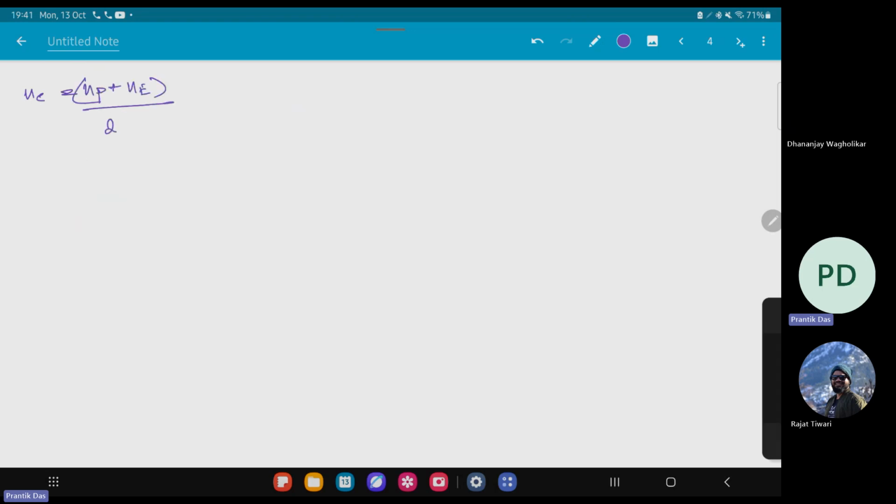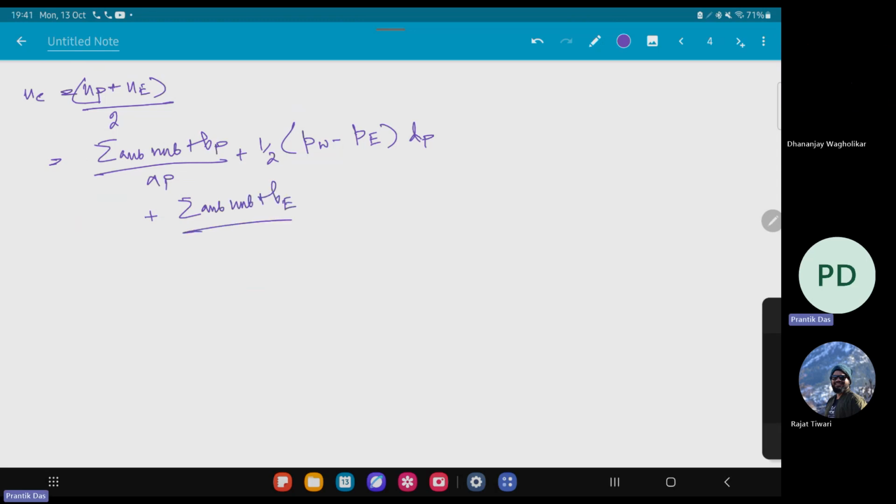Going to the expression itself, this is equal to sigma of ANB UNB plus BP divided by AP plus half of PW minus PE multiplied by DP, plus sigma of ANB UNB plus BE divided by AE plus half of PP minus PEE multiplied by DE, divided by 2.